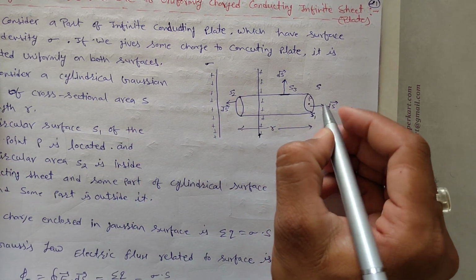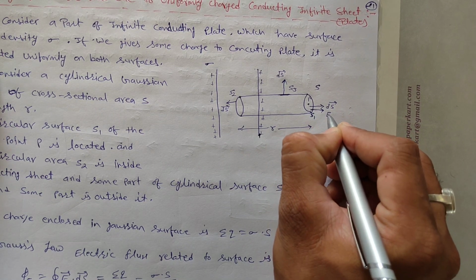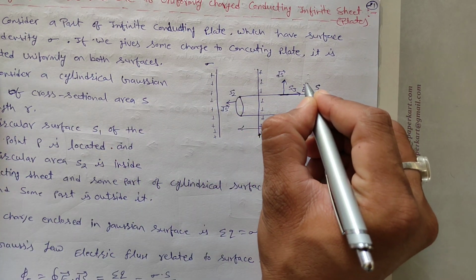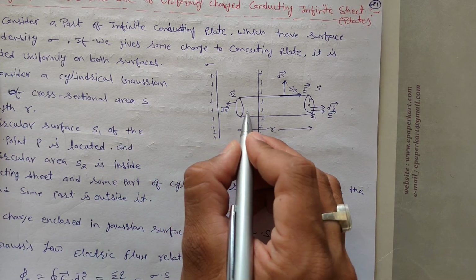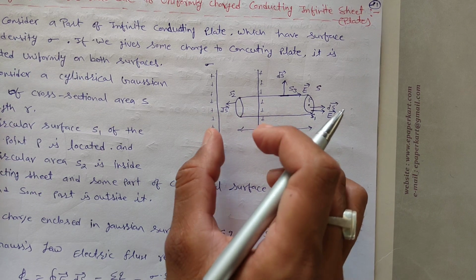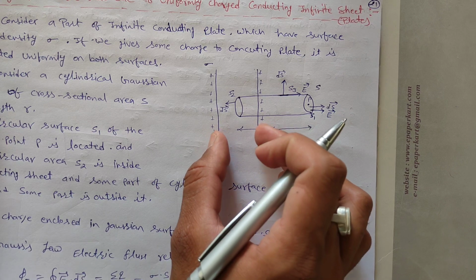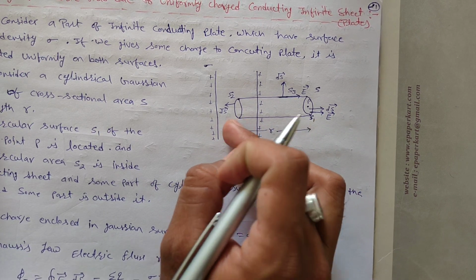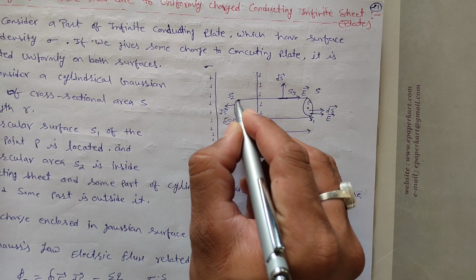Direction of electric field at point P is perpendicular to the sheet like this, and for this, perpendicular to the sheet. Here the S2 part is placed inside this sheet, and we know that inside the sheet the charge will be 0, then electric field intensity is also 0 for this part.